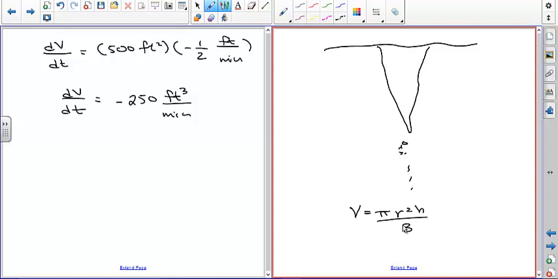And then you'll do the same thing with the radius. The radius of the base is decreasing at 1/10 centimeter per hour. So try to represent that information as given information as a derivative.